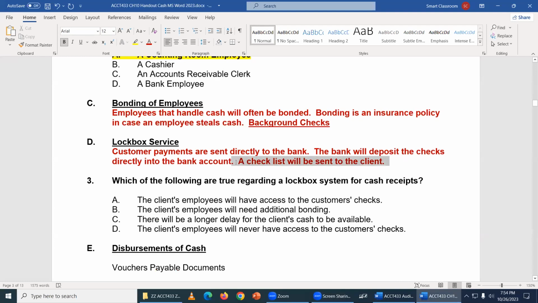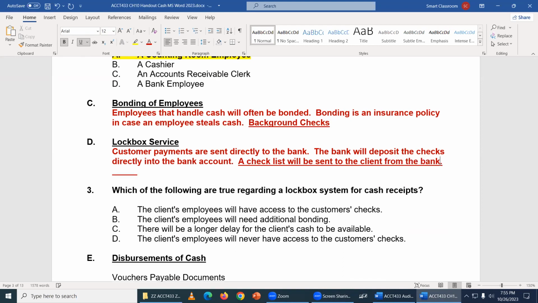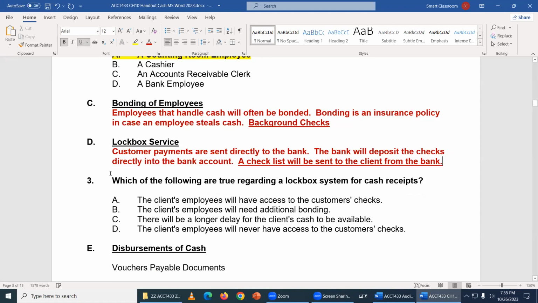They get a checklist from the bank, and a checklist will be sent to the client from the bank. So that is kind of what a lockbox system does.